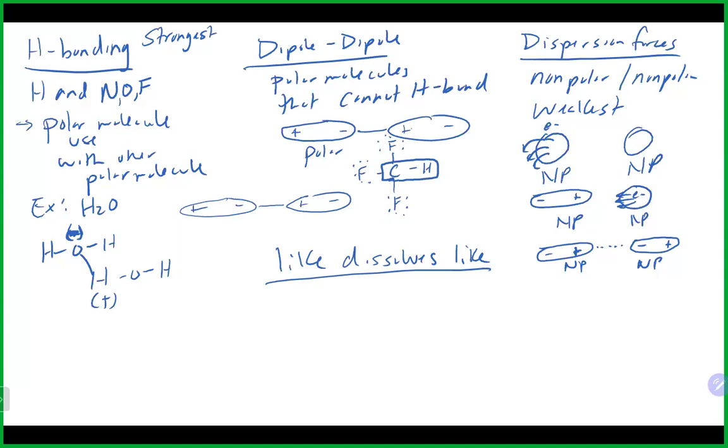So if some molecule here can hydrogen bond with itself, it can also hydrogen bond with water, which hydrogen bonds with itself. So they're going to have no problem interacting with each other. If something is using a dispersion force normally, and something else uses a dispersion force, they also are not going to have any trouble because that's a similar type of interaction. So they're going to mix.